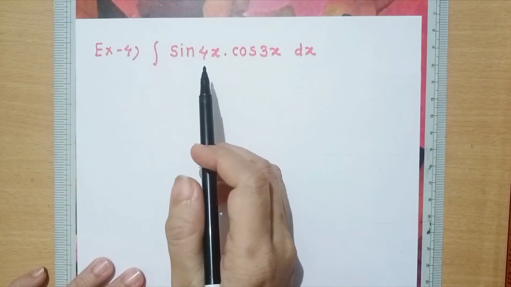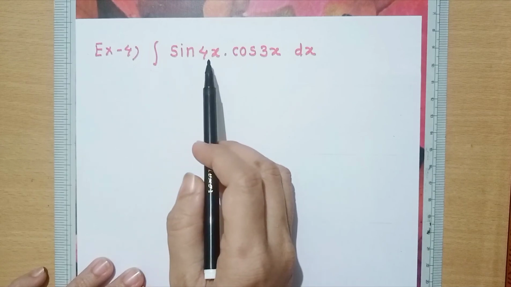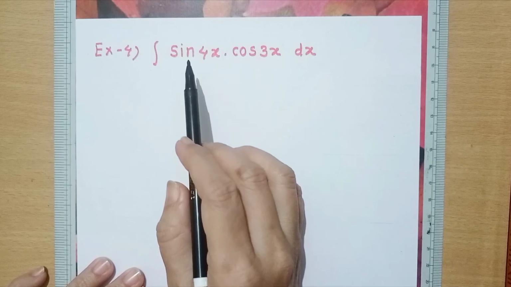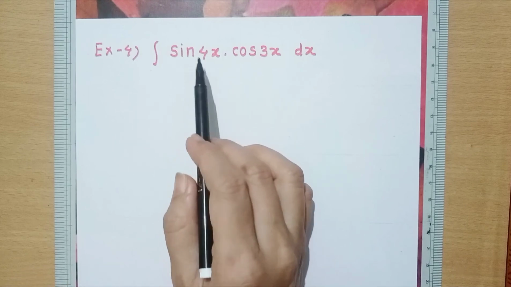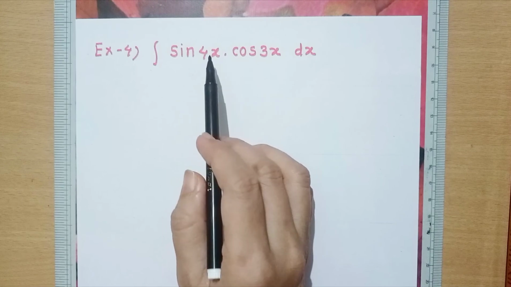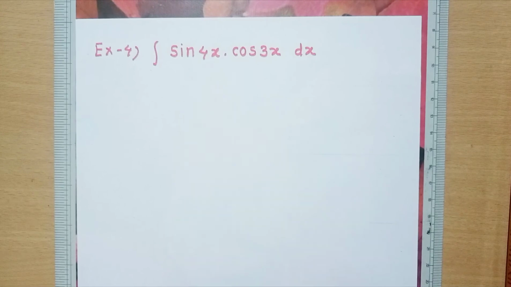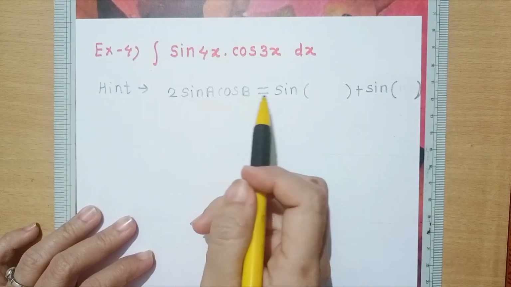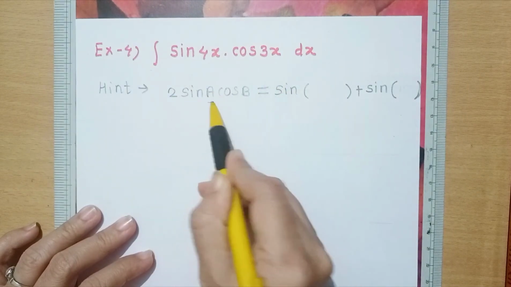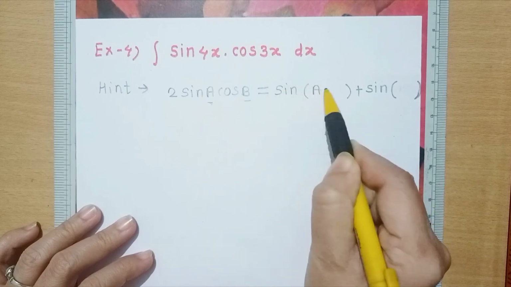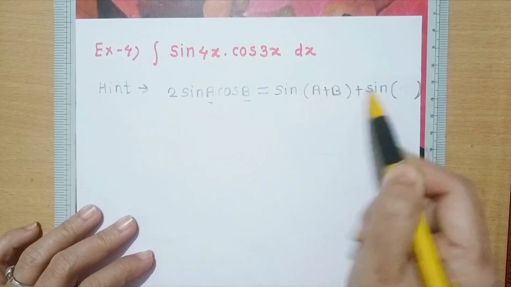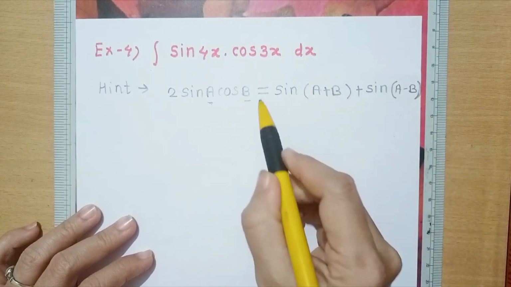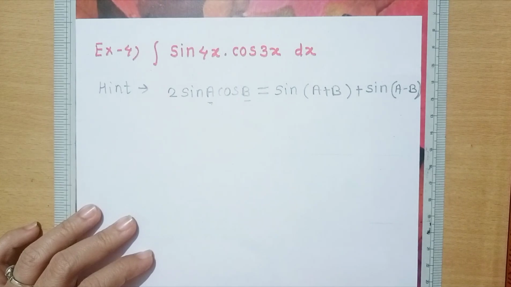This is our fourth example, integration of sin 4x into cos of 3x dx. Now we don't know the direct formula for this, so we will convert this product into a sum by using the formula 2 sin A into cos B equal to sin, add up these two angles, A plus B, plus sin, now subtract, so here A minus B. Same formula we will use here.